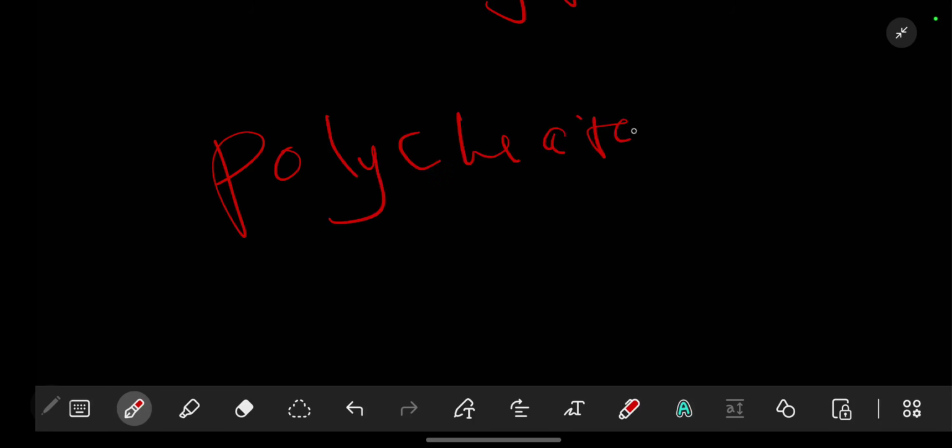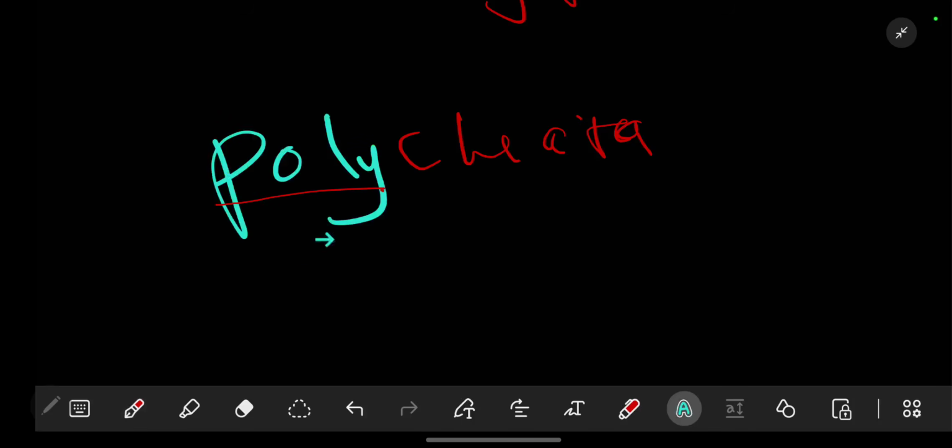We have moved from Oligochaeta, but now we are looking at Polychaeta. Remember, poly means many, so that's why Polychaeta has got a lot of bristles. We have talked about the fact that they have a developed head.